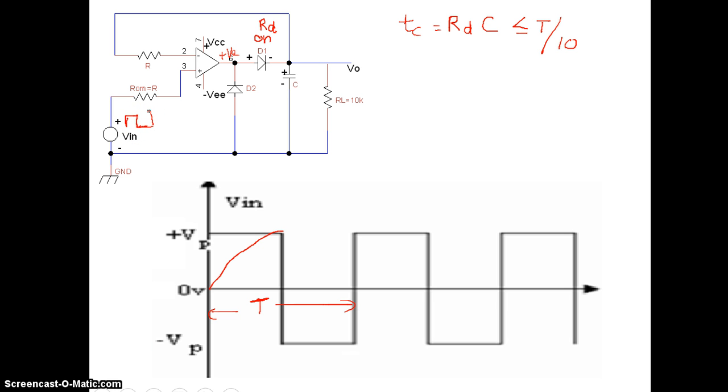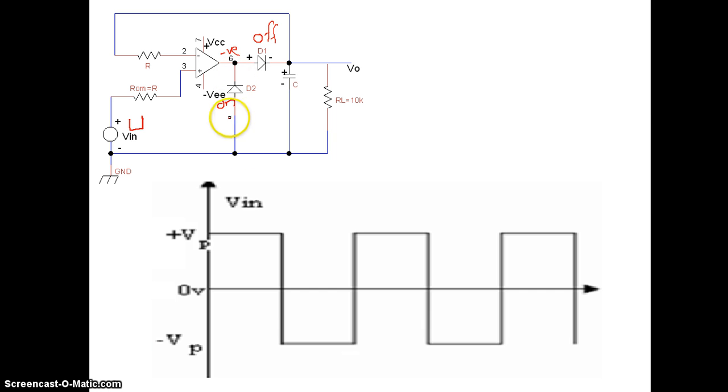Now when the negative voltage comes here, during the negative half cycle, diode D1 will be off because the negative voltage is coming here, and this diode D2 will be on, so whatever negative voltage there is will flow to the ground. Now your capacitor, which initially charged like this, should start discharging.